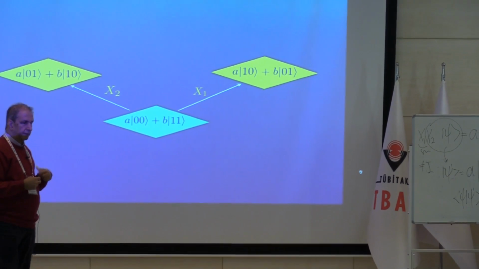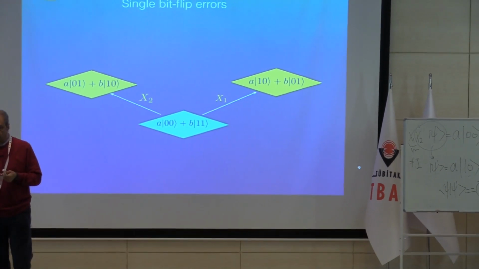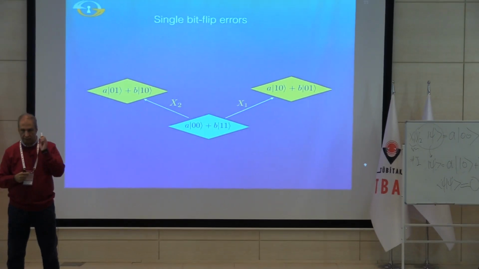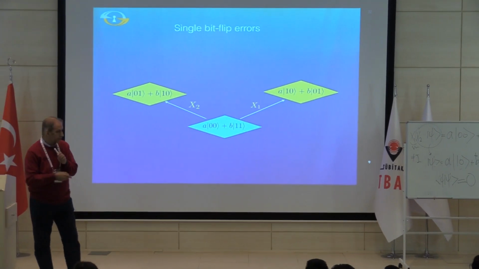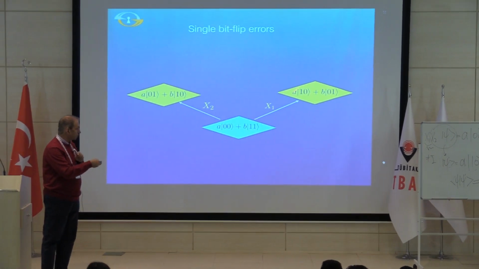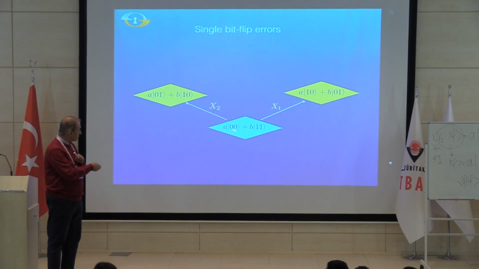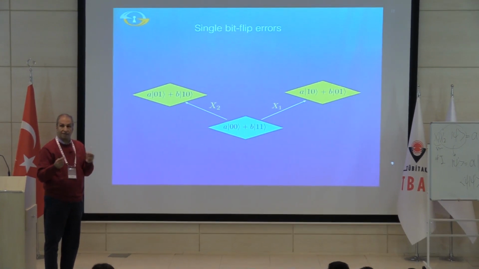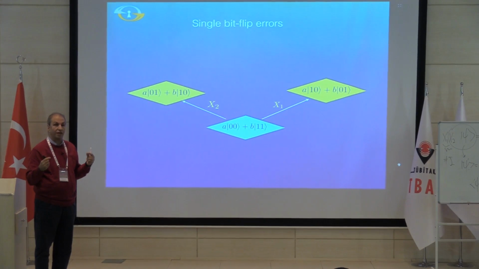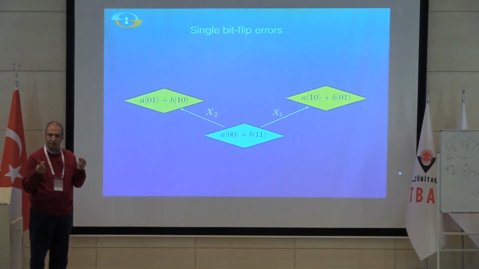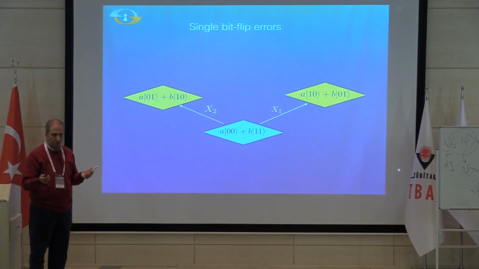Here is technically called an error detecting. You understand that an error has happened, because these two subspaces are orthogonal to each other. These are also orthogonal to each other. But you do not understand which error, so you cannot correct it. You can just detect it.